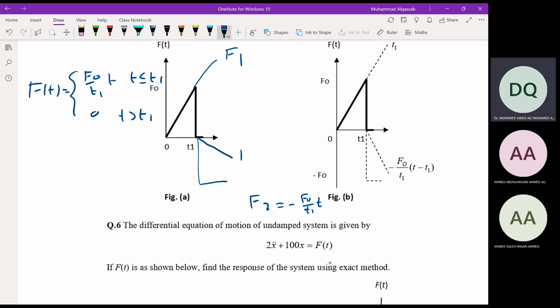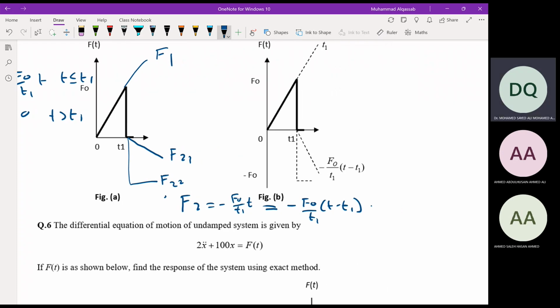Okay, so you can call this F2 and this is F3, or F21 and F22, which means that F2 is equal to the rise, minus F naught over T1, T minus T1. So if T equal to T1, this will be 0 minus F naught.